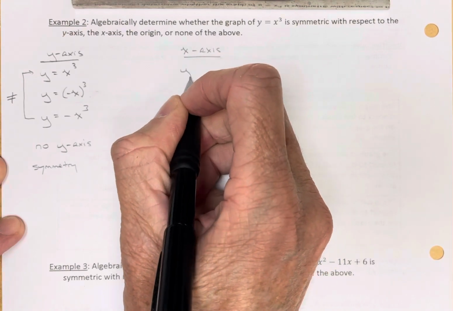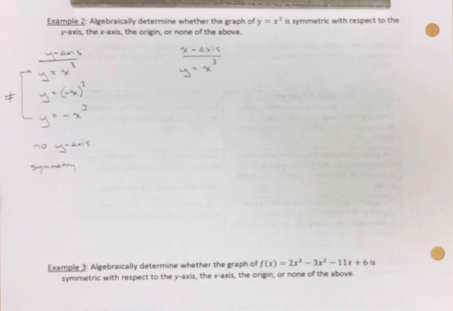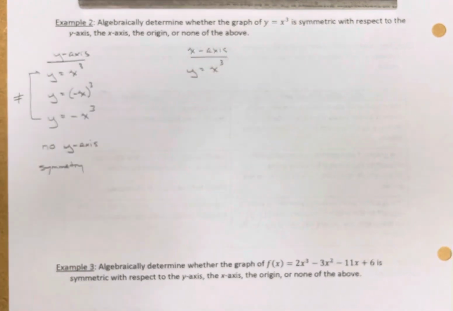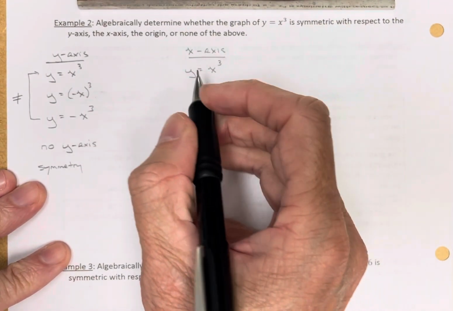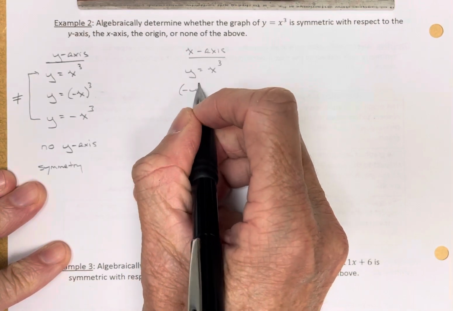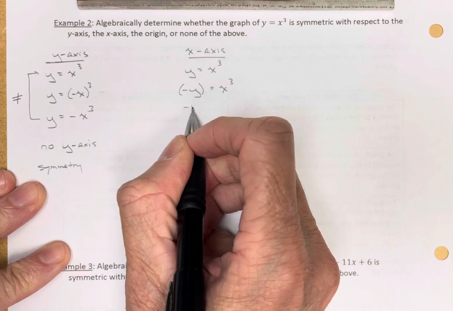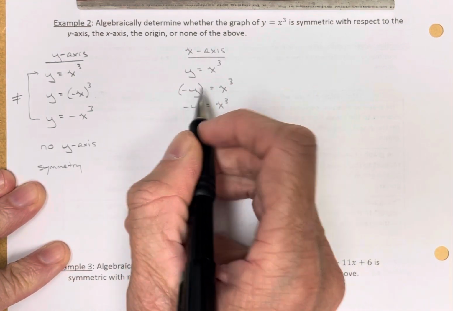Okay, let's check the x-axis. I'll write down the original equation. To test x-axis symmetry, we want to replace y with negative y. So negative y equals x cubed. I just use the parentheses so I don't lose negatives.